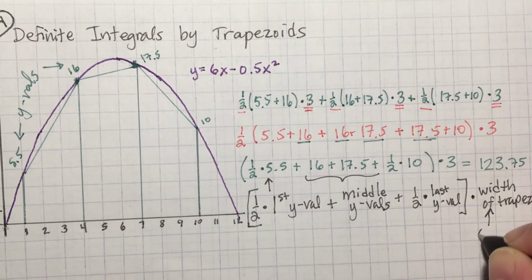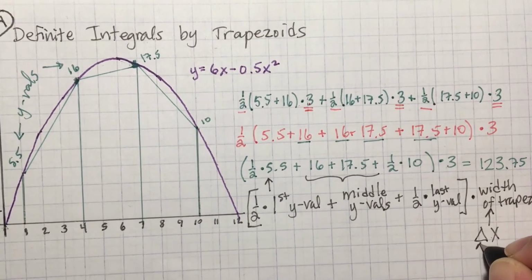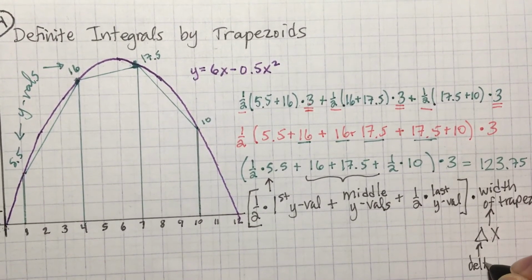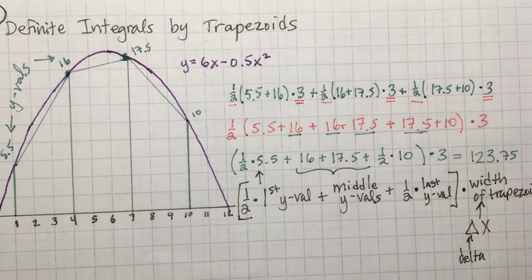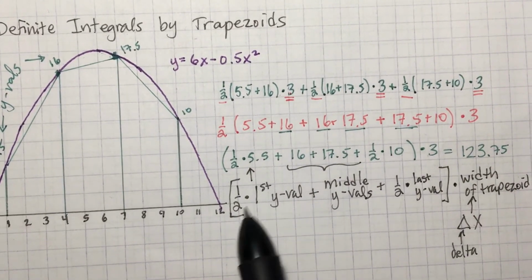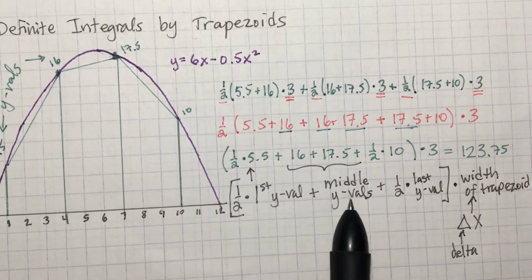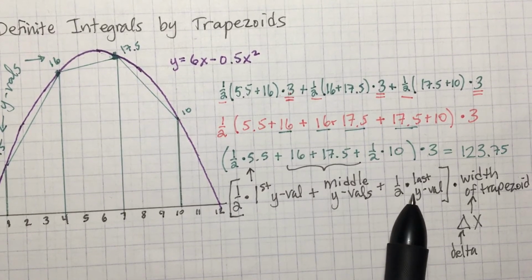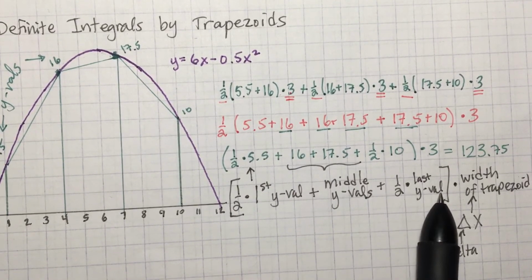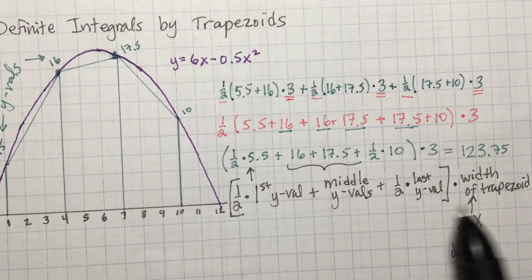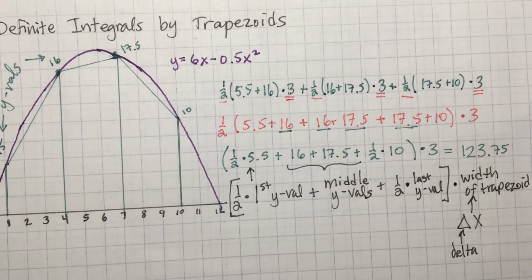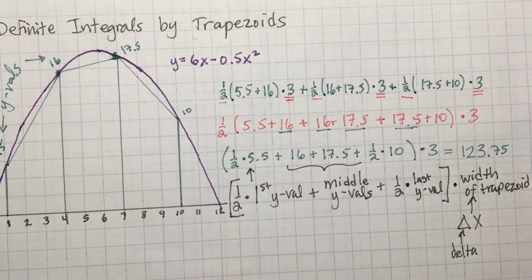We end up calling this delta x. That is the Greek letter delta. So our quick way of doing this: half the first y value, plus all the middle y values, plus half the last y value, all of that multiplied by the width of the trapezoid, the delta x.